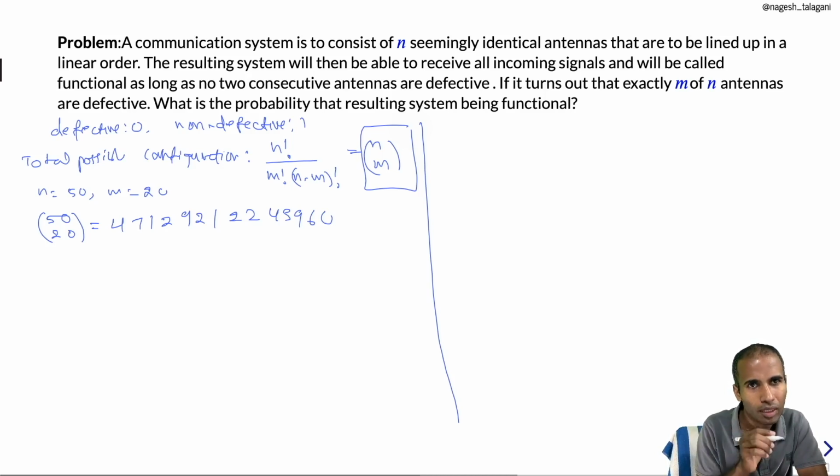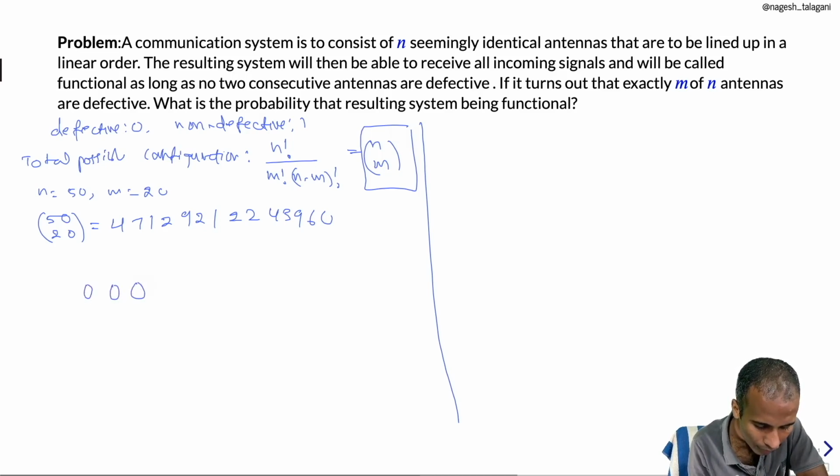That means we should not have two consecutive zeros in a binary string of length n with m zeros and n minus m ones. Now how many such binary strings are there? Let's try to see how many we can make. To get the count, let me list out all zeros first in linear order like this.